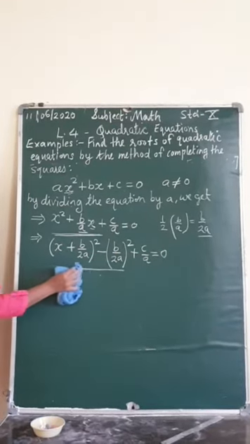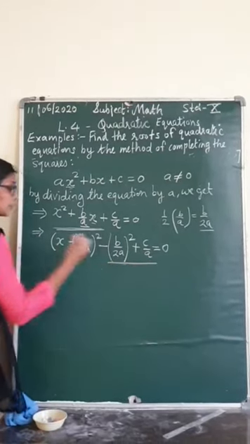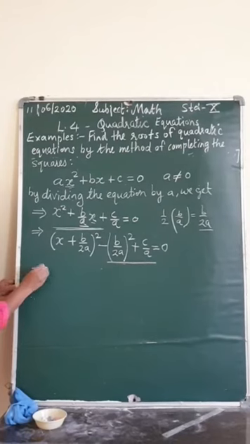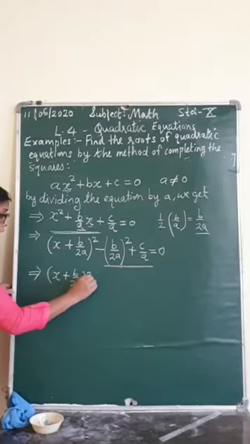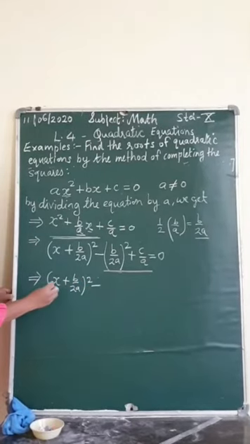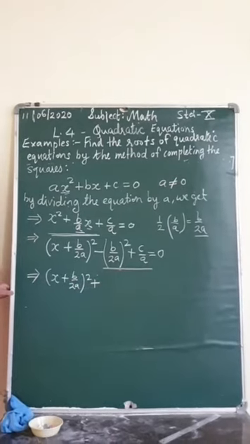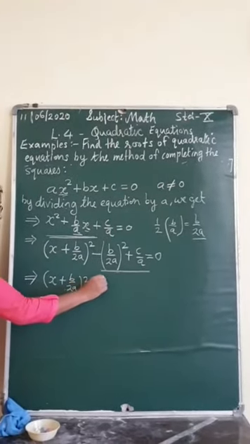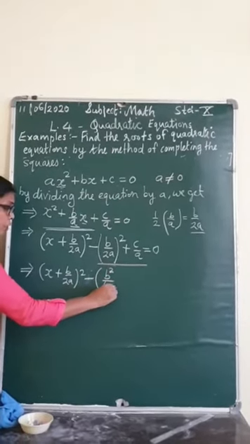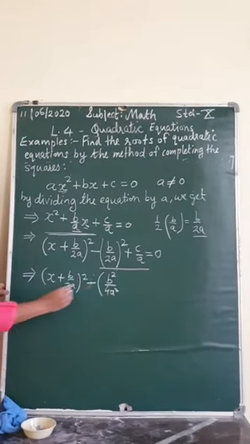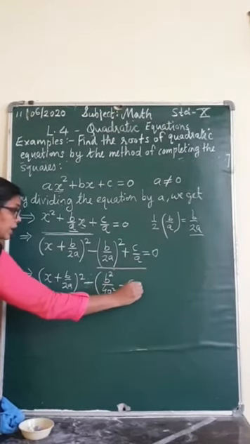This is a complete square now, so we solve this. Now for solving this, we have x plus b upon 2a whole square, and if we remove the minus term, we have b square upon 4a square minus c upon a.